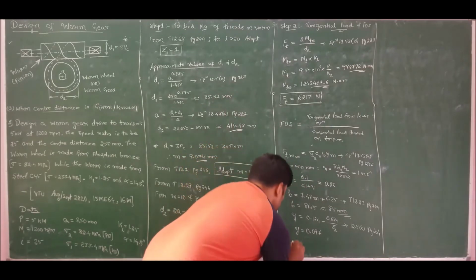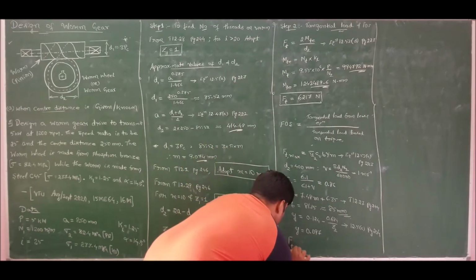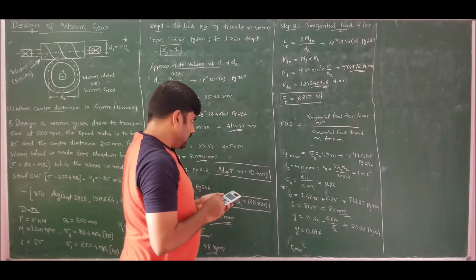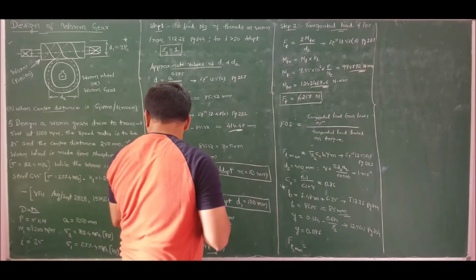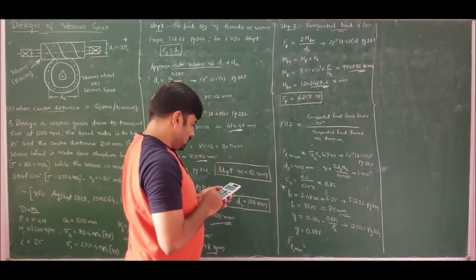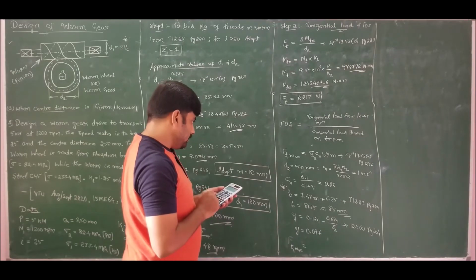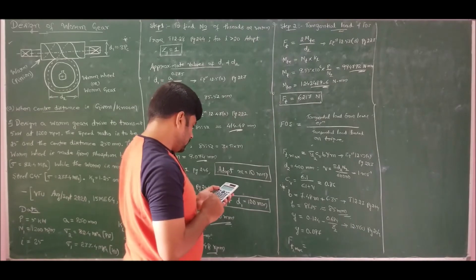So therefore, the maximum permissible load FT max will be sigma d2, which is 82.4, into CV, 0.86, into B, 85, into Y, which is pi into small y, small y is 0.097, into module, module is 10.